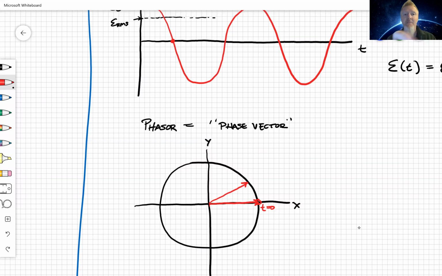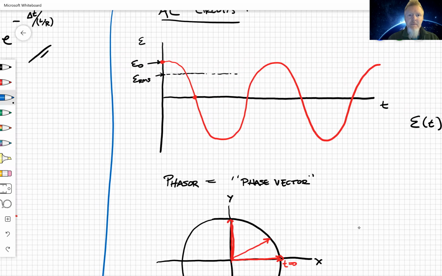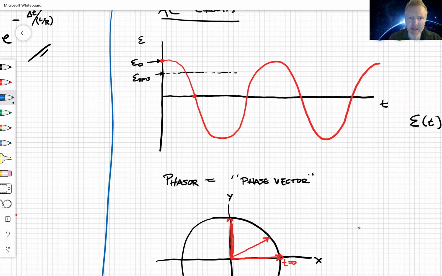So I need a point where it projects 0. Well, that's going to be right here. In fact, what I'm going to do is I'm going to do this. Right here at the very start. I'll do it right here. Right here at the very start.